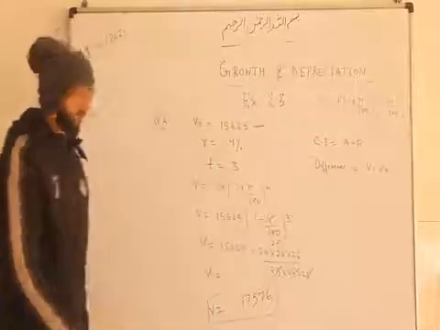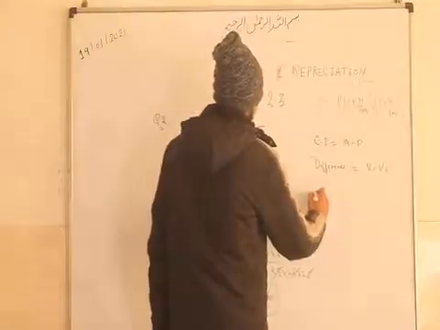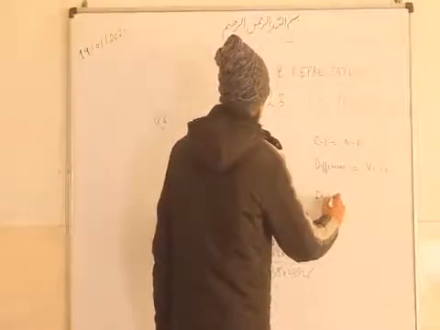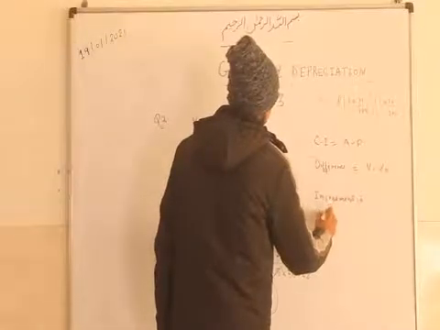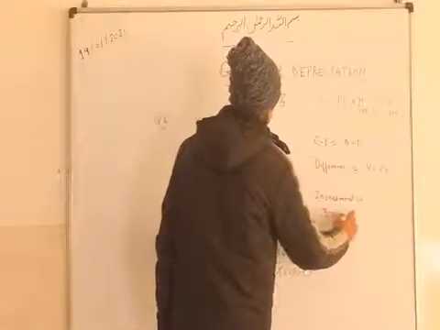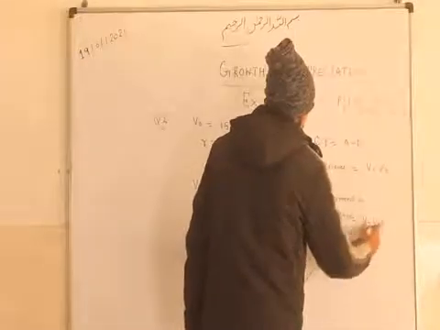Now we have to calculate the difference, how much it increased in 3 years. So we can write it like this: increment in 3 years equals V minus V naught.